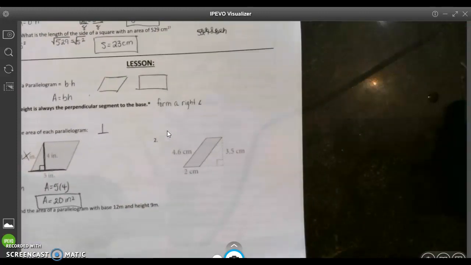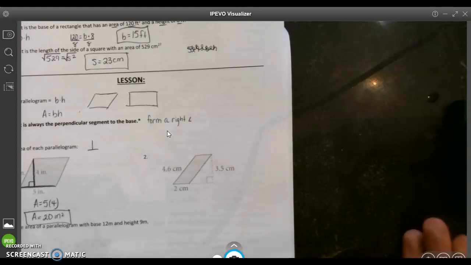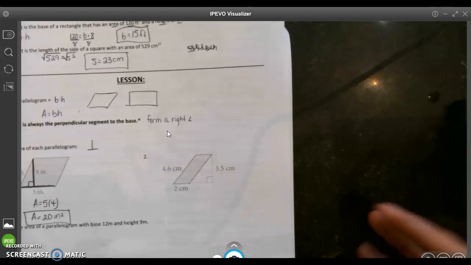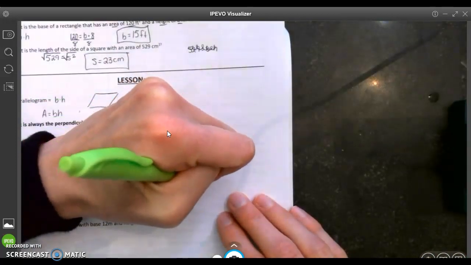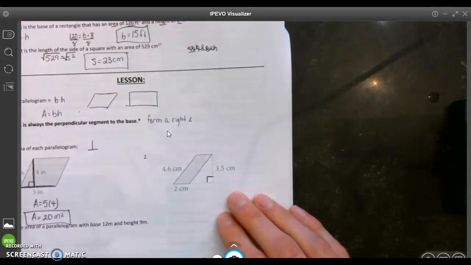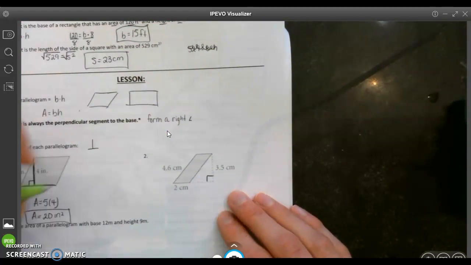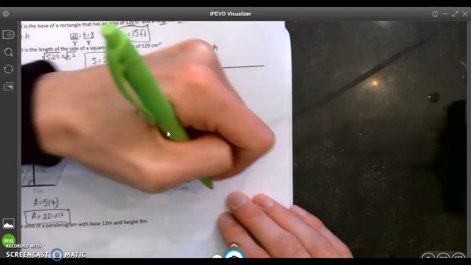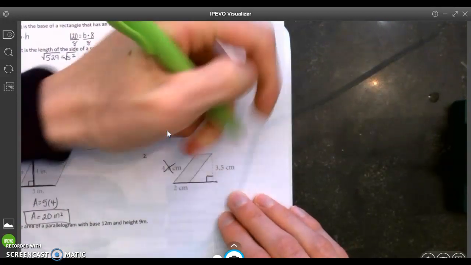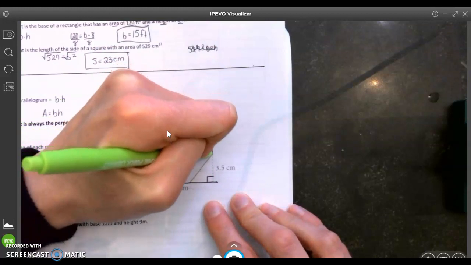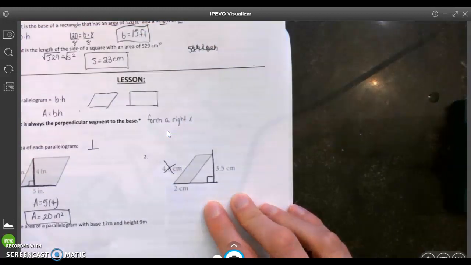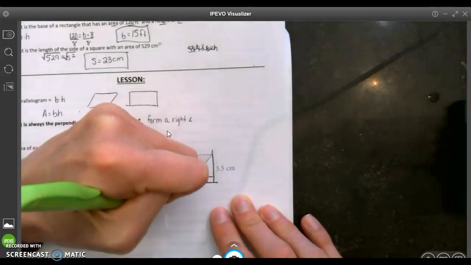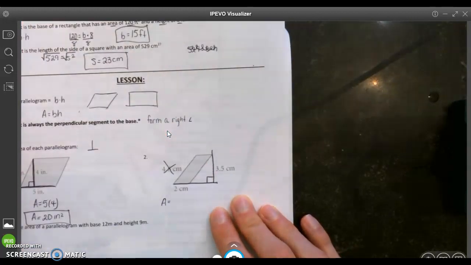So again, in number 2, we have too many numbers. I'm looking for the perpendicular, this right angle, and it will be given to you. This is not part of that perpendicular. This is. I extend that base and draw in that height, I get that perpendicular. So area equals base times height.